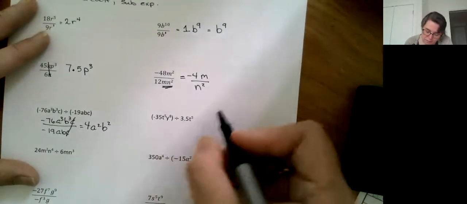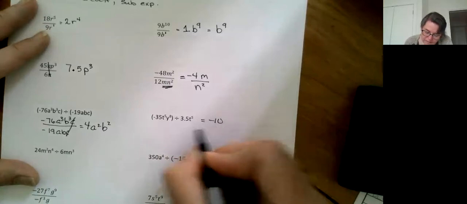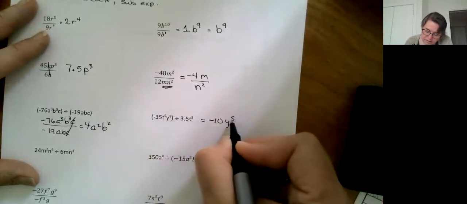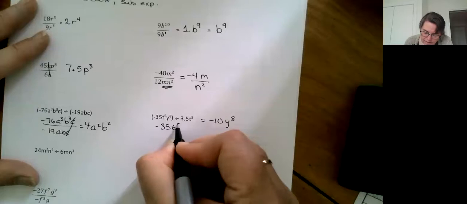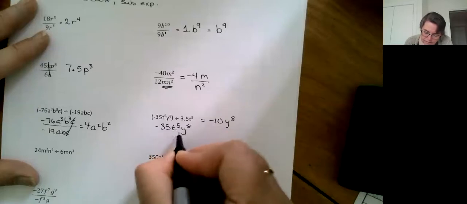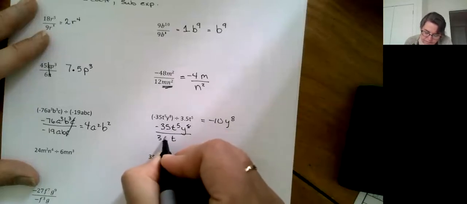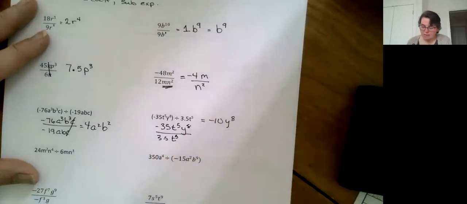35 divided by 3.5 is going to give me minus 10. T to the 5th divided by T to the 5th, those are going to cancel. You know what? I don't like that. That makes me so much happier.